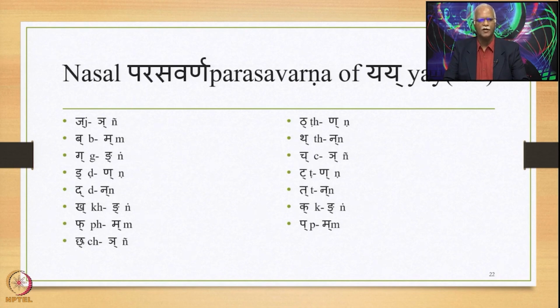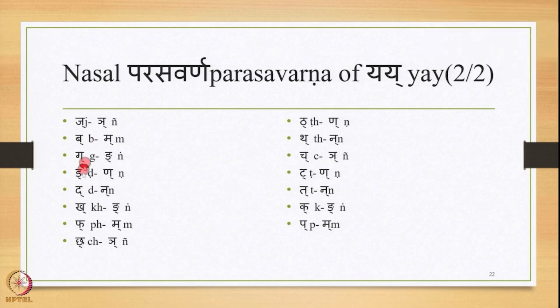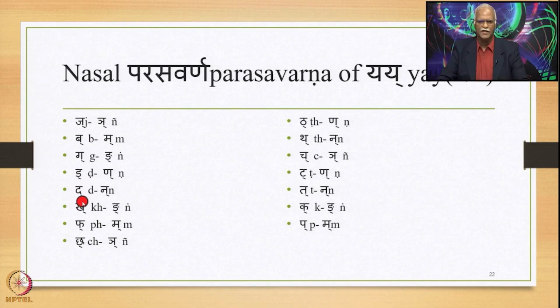Similarly, the nasal parasavarna of ja would be ya, ba would be ma, ga would be nga, da would be na, and da would be na. This is ja ba ga da da, the third consonant of the class, and the nasal parasavarna of them would be the fifth nasal consonant of each class.